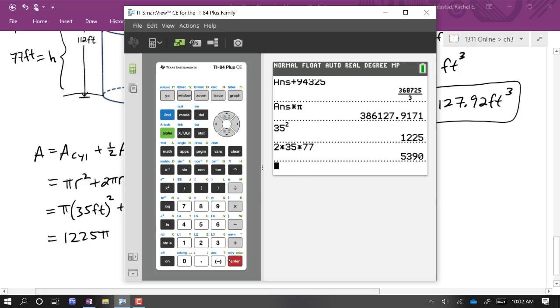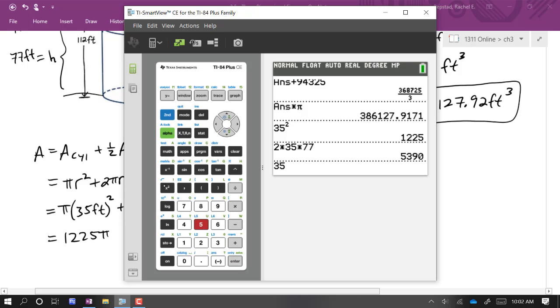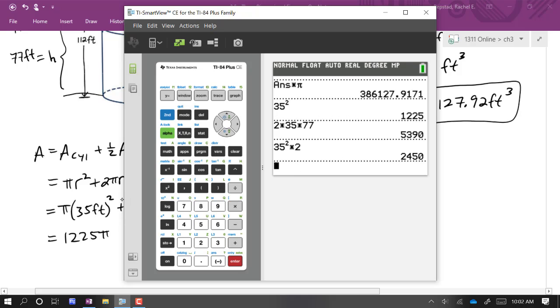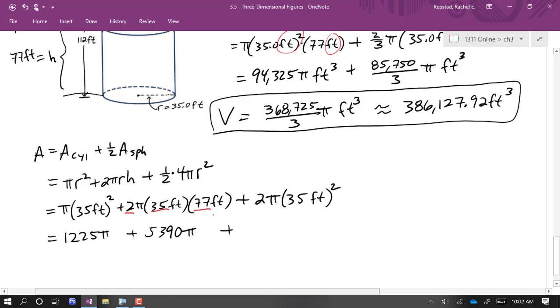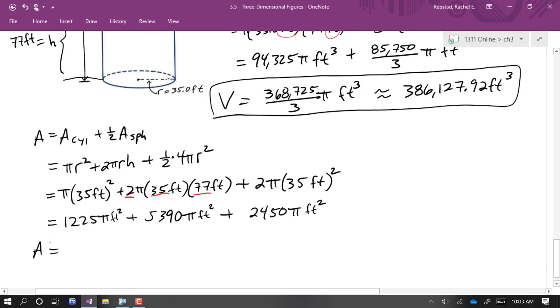And that's 5,390 pi. And then 35 squared times 2 is 2450 pi. And these are all square feet. So we can get a nice exact value in terms of pi.